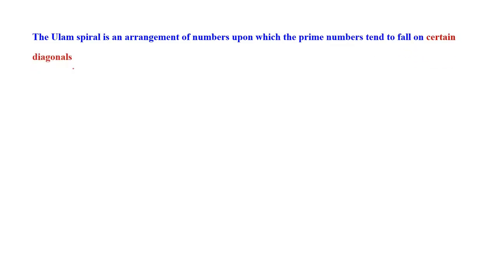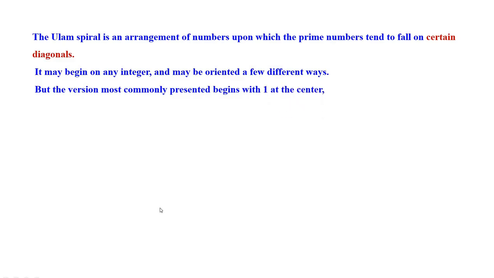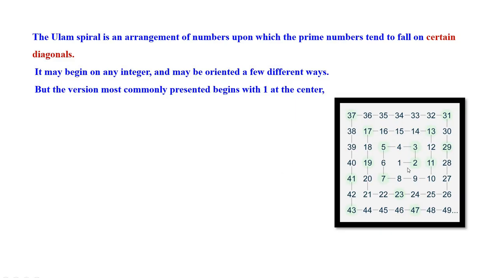So the Ulam spiral is an arrangement of numbers upon which the prime numbers tend to fall on certain diagonals. It may begin on any integer and may be oriented a few different ways. But the version most commonly presented begins with 1 at the center. So it is like this.